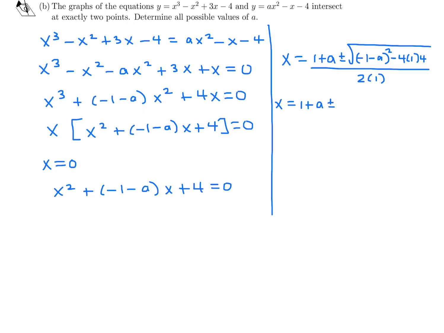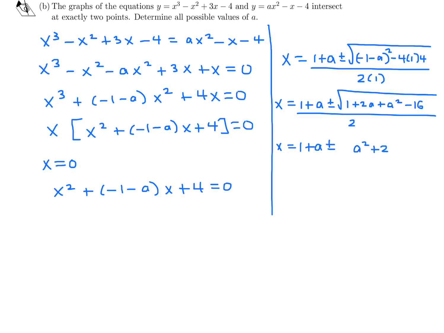All right, so we got a little bit of algebra to do here. 1 plus 2a plus a squared minus 16. And this is all over 2. Simplifying it further, we get, let's see here, a squared plus 2a minus 15, all over 2.